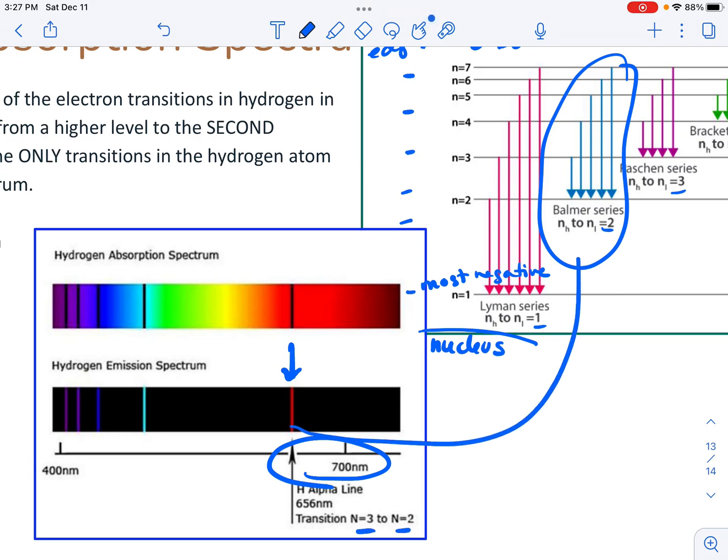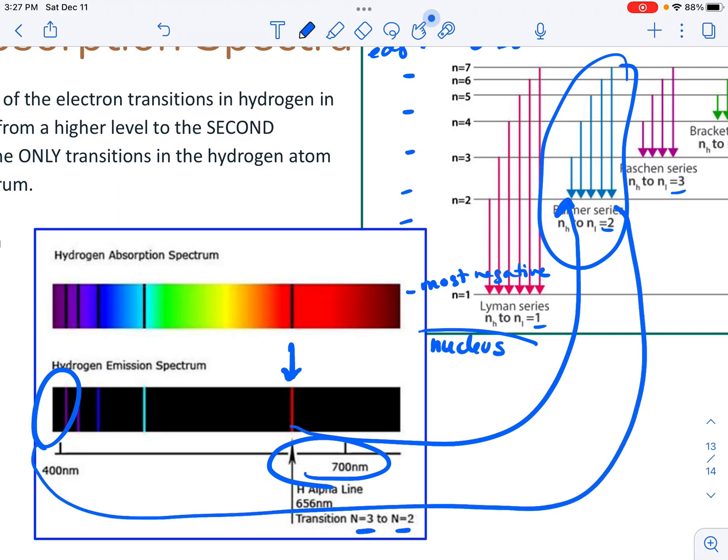So you can see that this line corresponds to that energy transition. That means the one with the most energy up here corresponds to the transition with the most energy difference from 7 to 2. And they would line up. So this would be from 4 to 2, and this would be from 5 to 2, 6 to 2, etc. Okay, I think this is kind of cool.